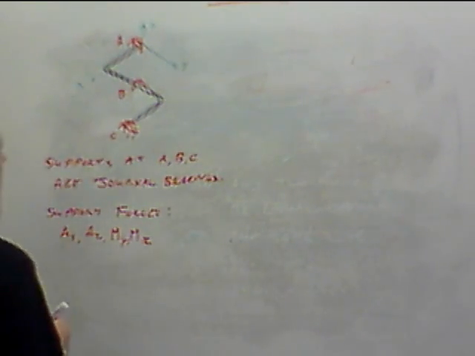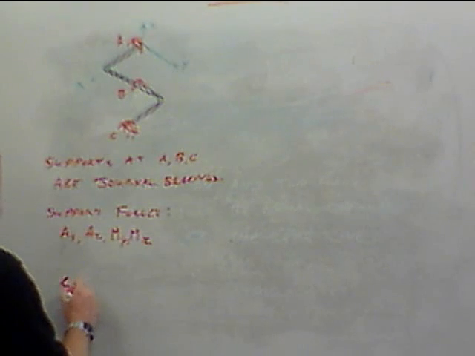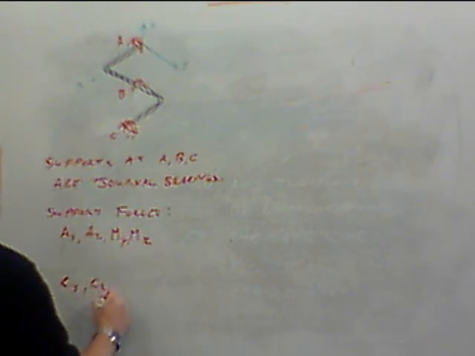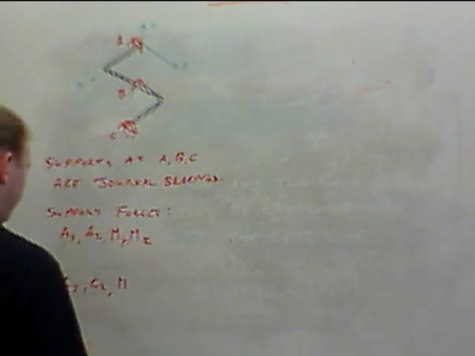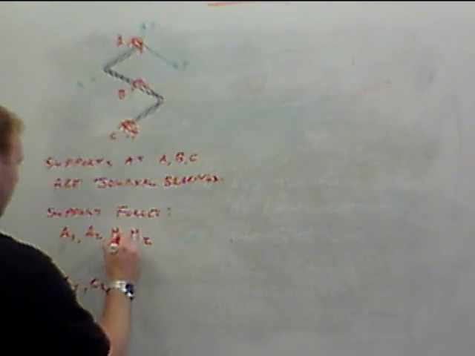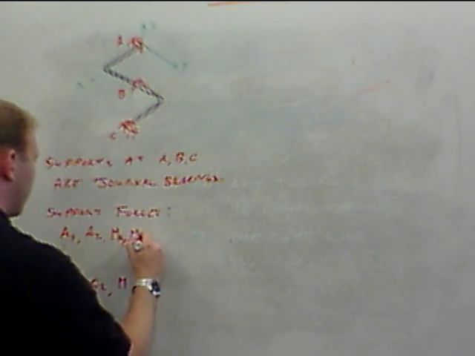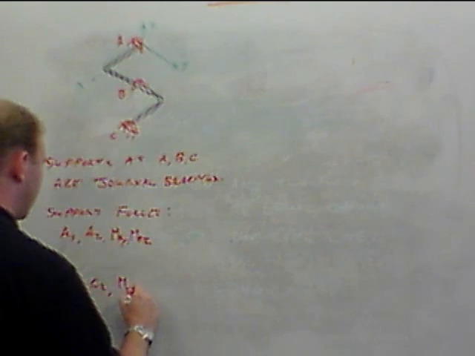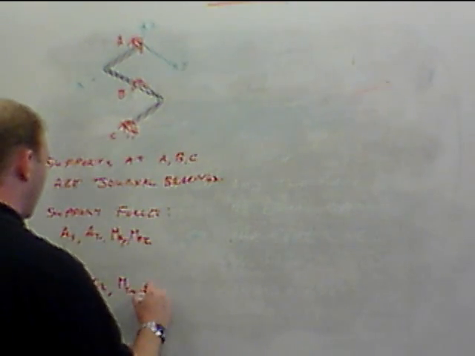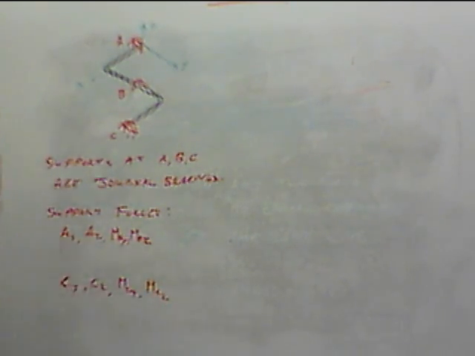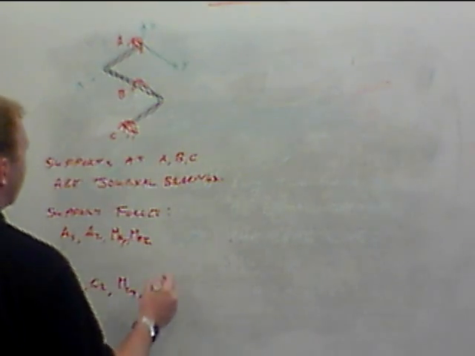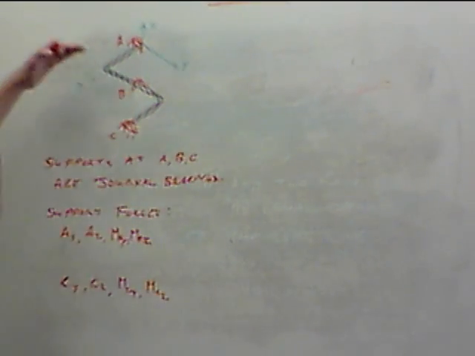Same rationale here at point C. So we're going to have CY, CZ, moment about C at Y, and moment about C at Z. That brings us to B, because that one's tilted a little bit.